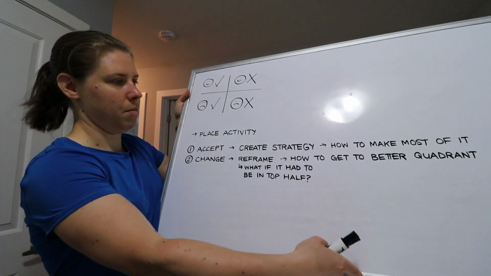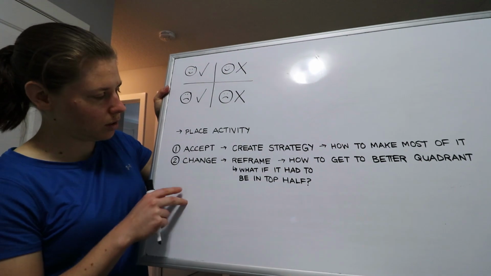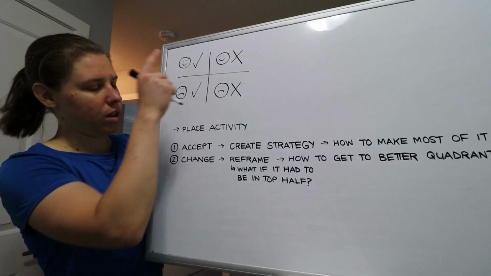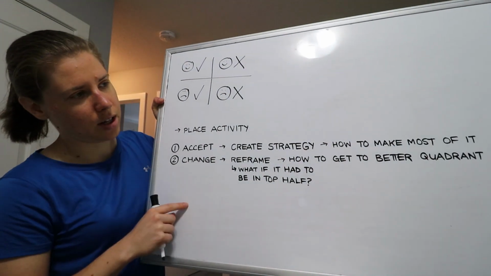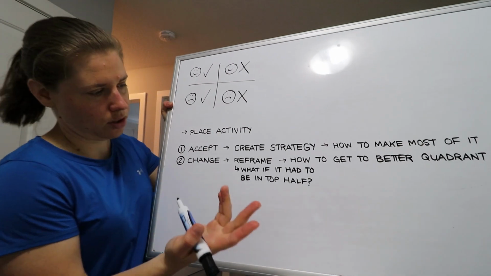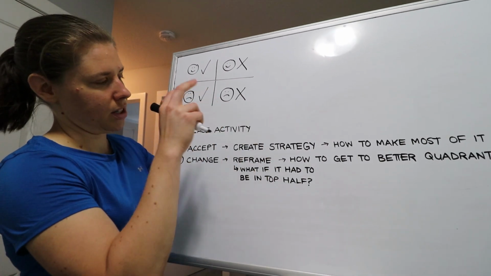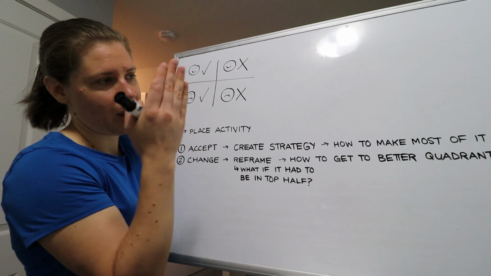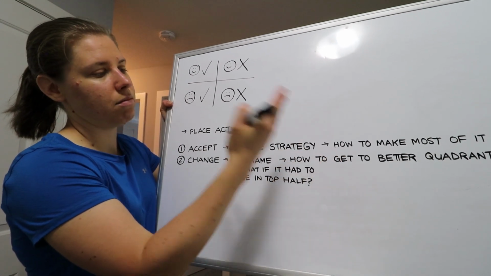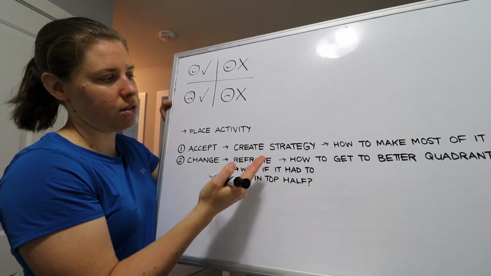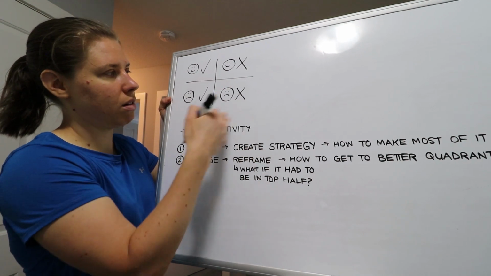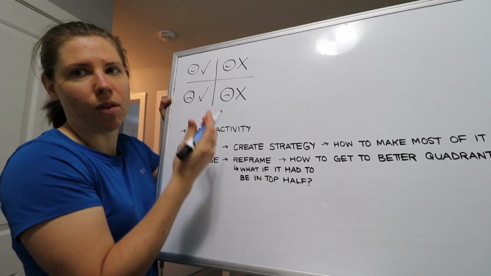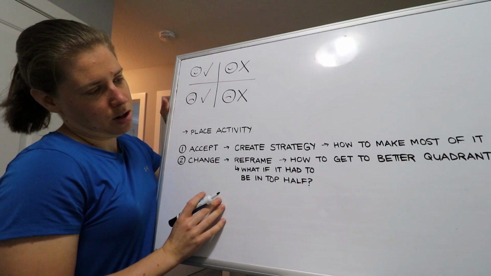Now I've got my two options: to accept where it lies or to change where it lies. So that led me to the question, if I'm accepting where it is, how do I make the most of it? How do I create strategies that work as well as they can for the quadrant that it's in?